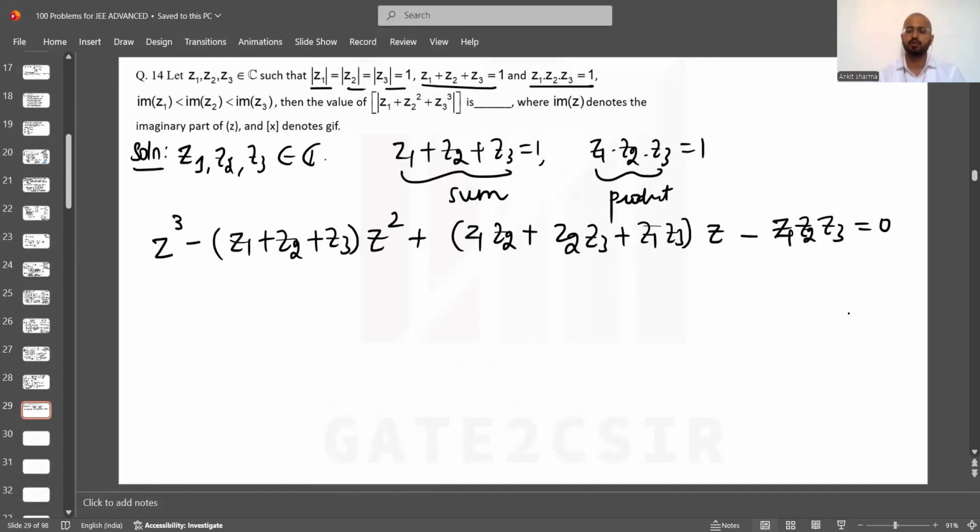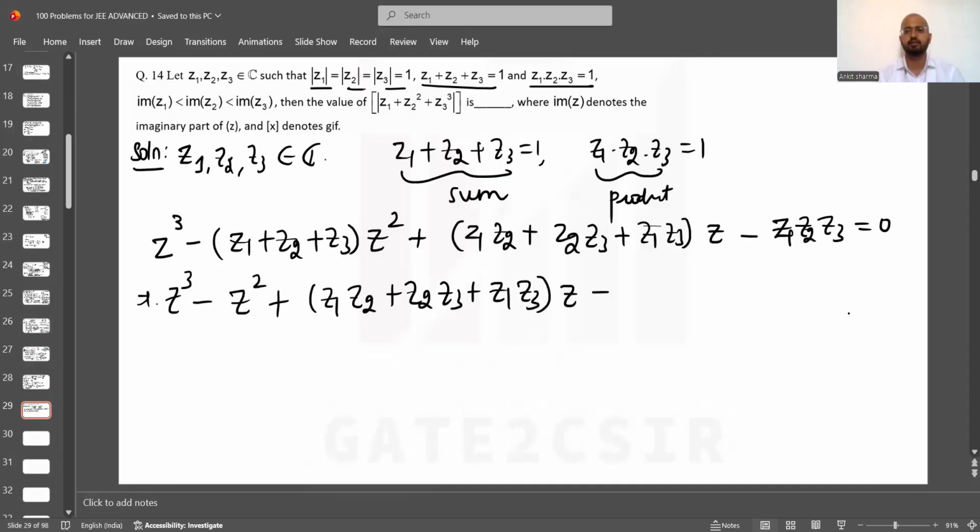So this is a polynomial whose roots are Z1, Z2, Z3. So I'll have Z cube minus the sum of the roots, which is given to be 1. So this does not bother me. Plus this one I need to address carefully because we do not have this information.